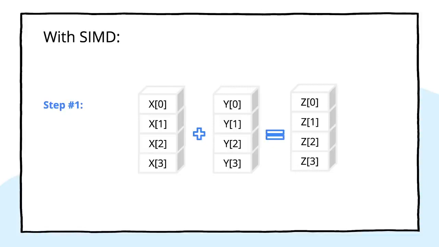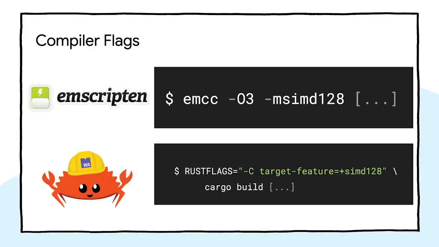The best part is that because compilers are so smart, they can automatically detect these optimizations and do them for you. In Emscripten, you just need to pass the -msimd128 argument to emcc, and for Rust, you can pass -C target-feature=+simd128. This will cause the compilers to automatically find and use SIMD where possible.